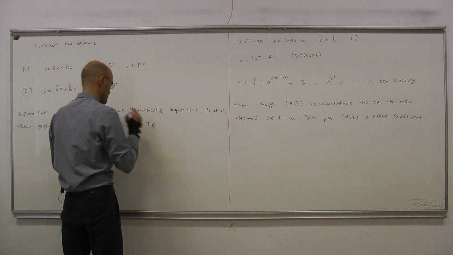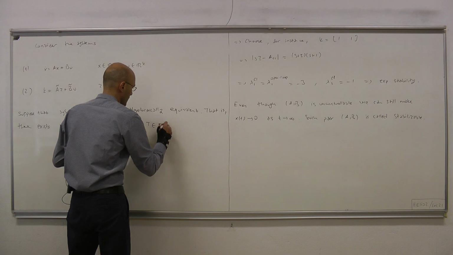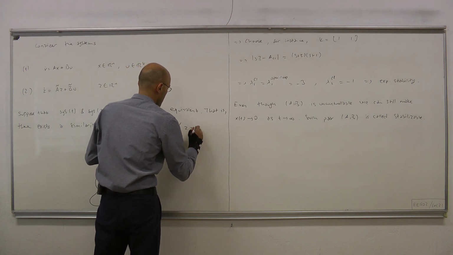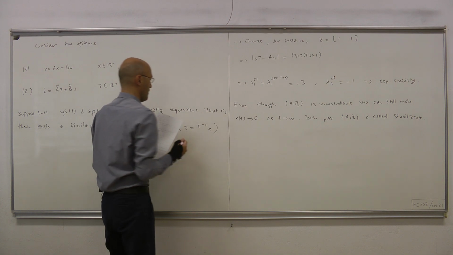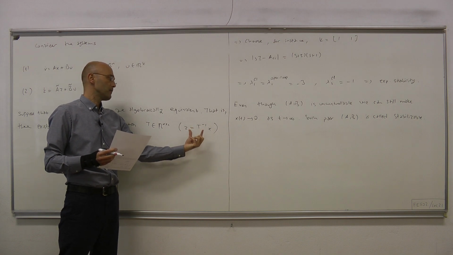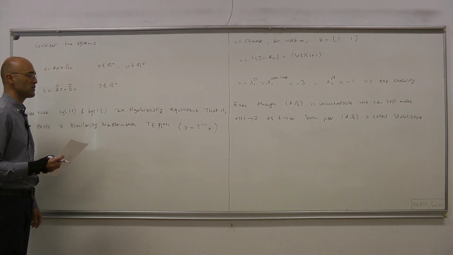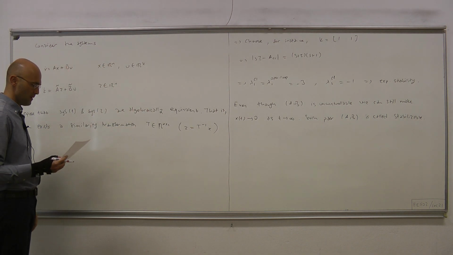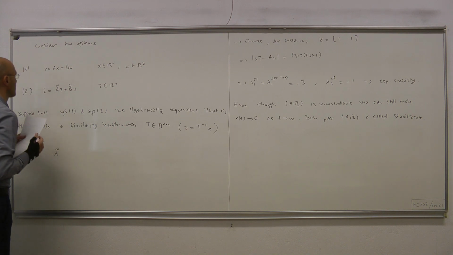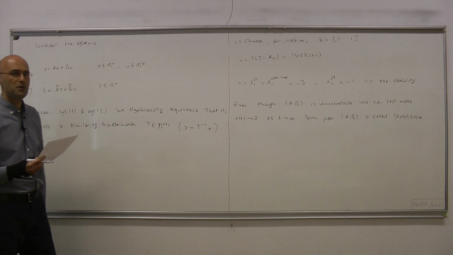A matrix T that's invertible, in R^(n by n), where z is related to x through this identity: z equals T inverse x, or x equals T times z, such that we have the following relation between the respective matrices.